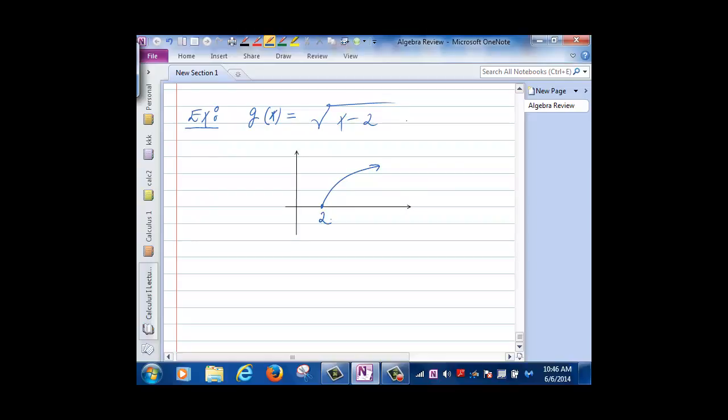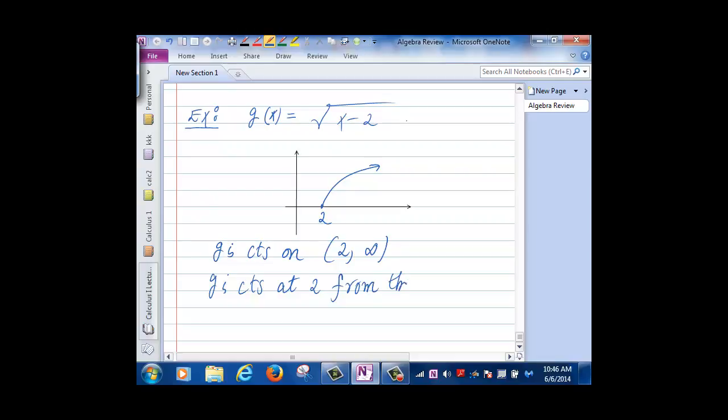So then we see that this function g is continuous where? G is continuous on 2 to infinity. G is continuous at 2 from the right, right?